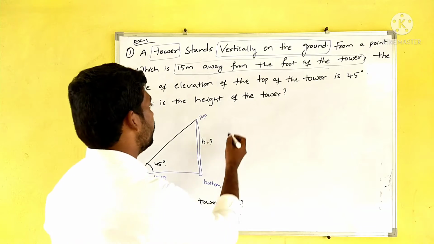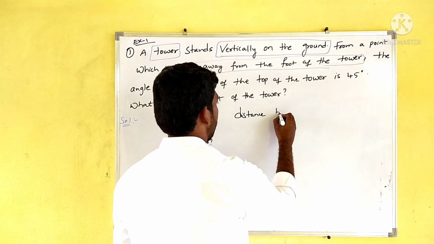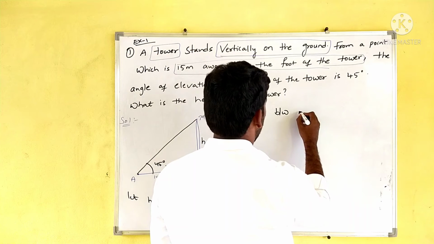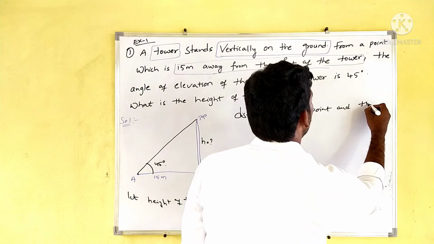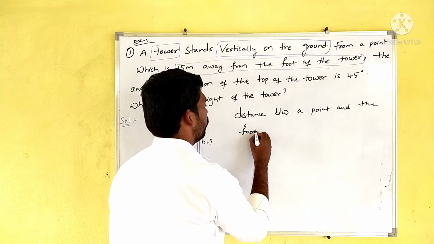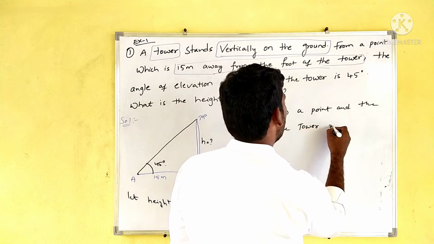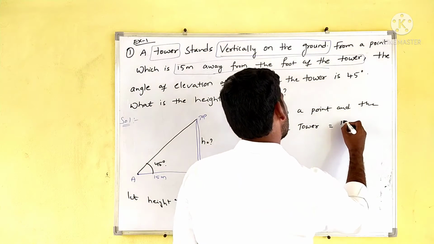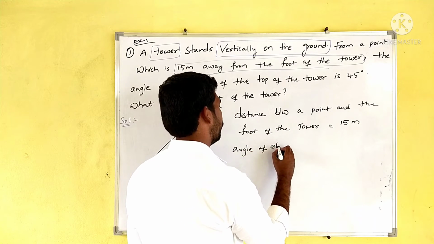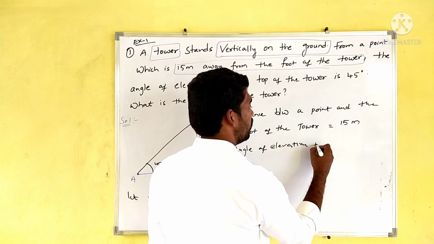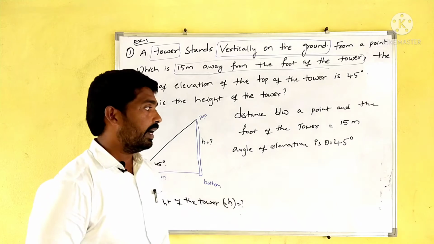Next, the distance between the point of the observer and the foot of the tower is 15 meters. The angle of elevation is given as 45 degrees, theta equals 45 degrees.